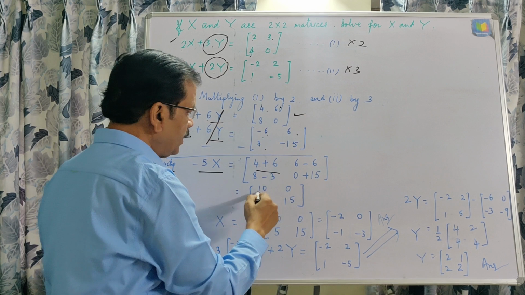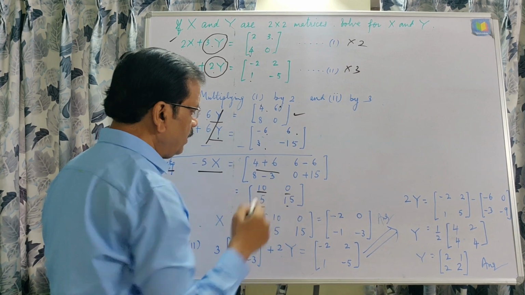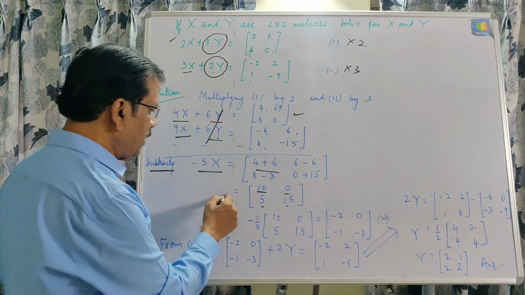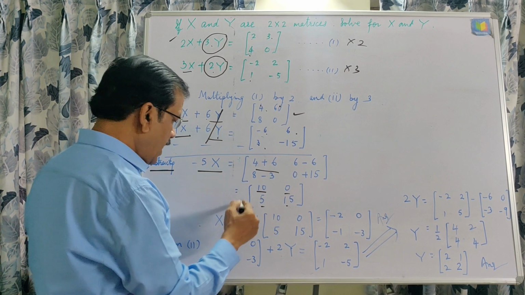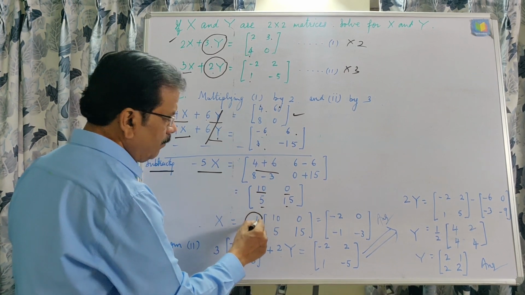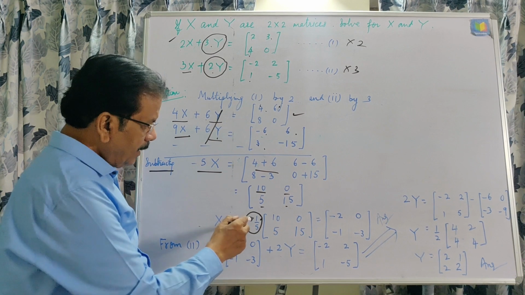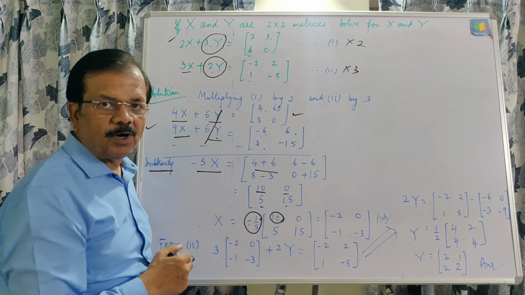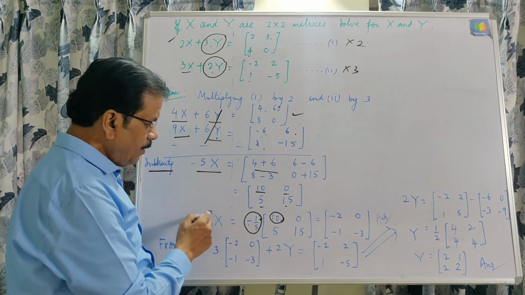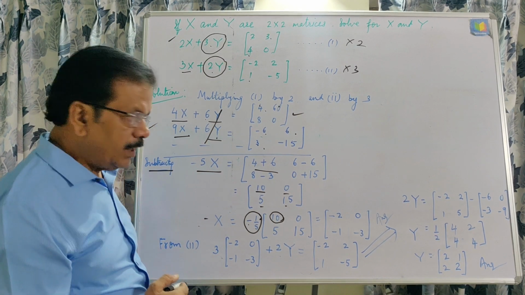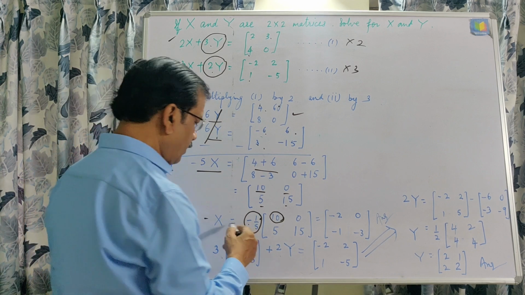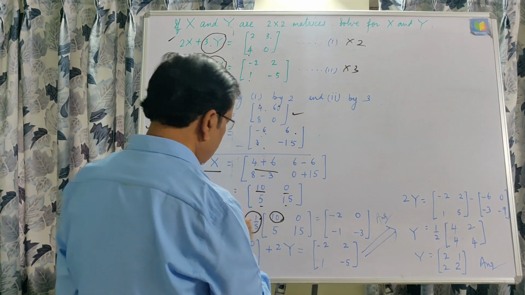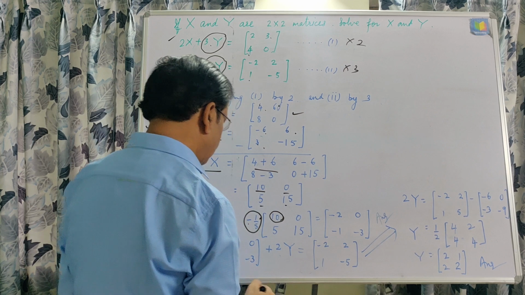Likewise, we will get here 10, 0, 5 and 15. This is minus 5X, then X will be minus 1 upon 5 in positive form. That is, each element will be multiplied by minus 1 upon 5, just to make the value positive on the left hand side. This way the value of X is coming out minus 2, 0, minus 1, 3.